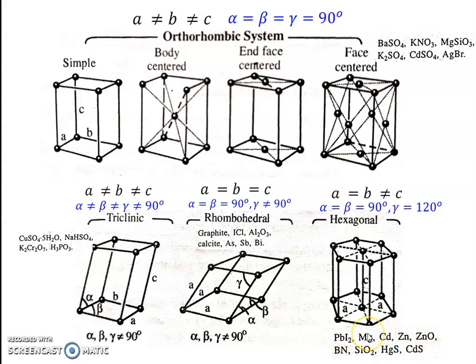These are the examples of the hexagonal crystal system. So these examples are important for objective type questions, and this is about the crystal systems. There are 7 crystal systems and 14 Bravais lattices.